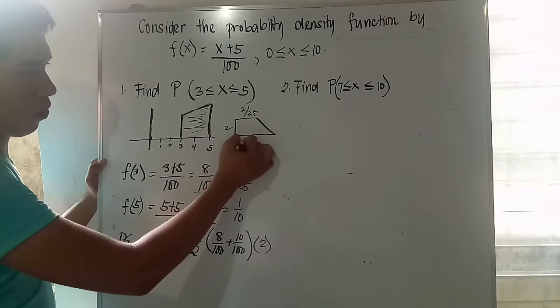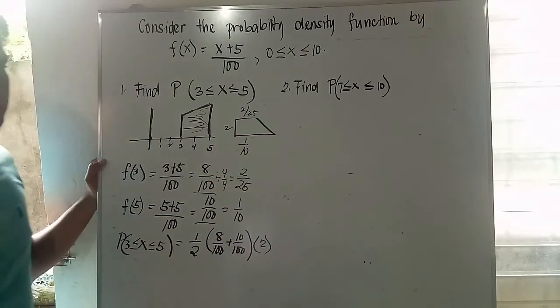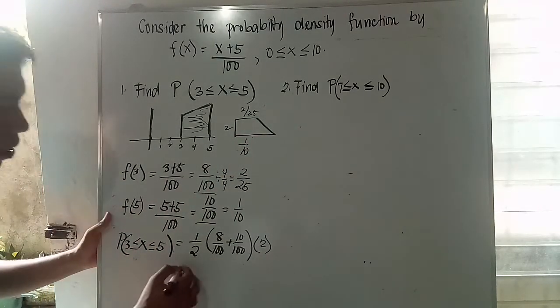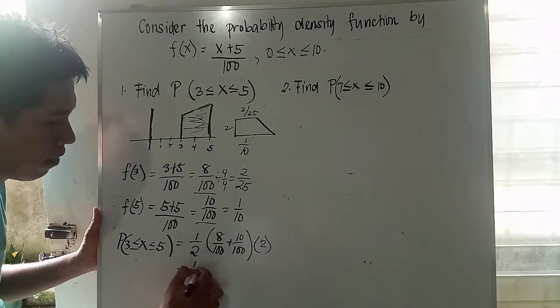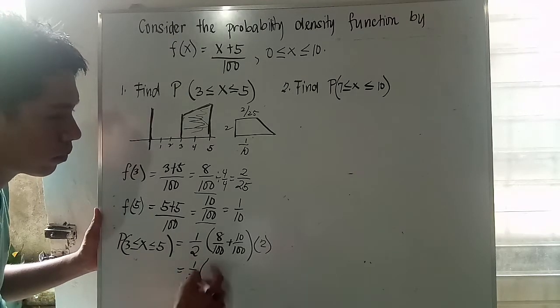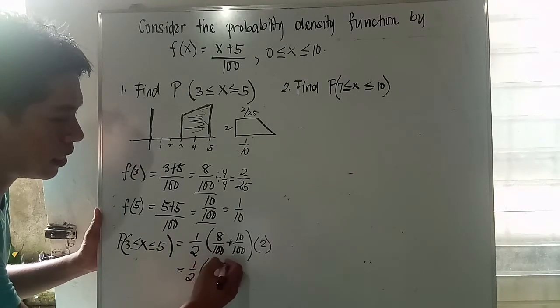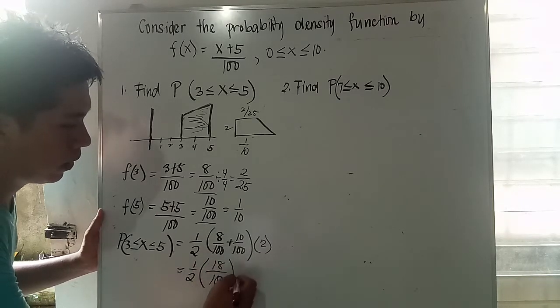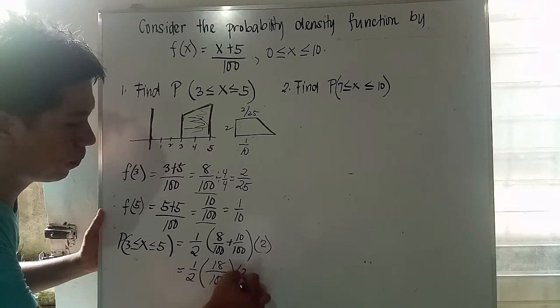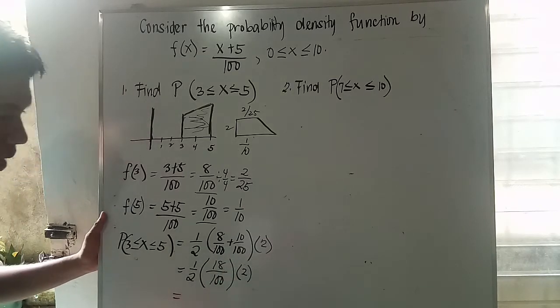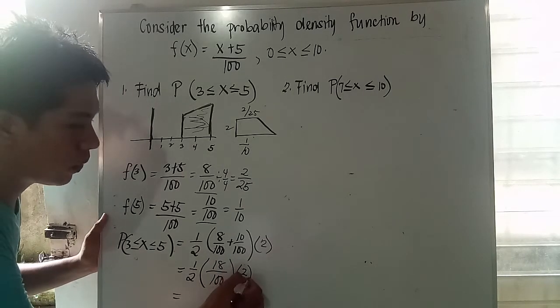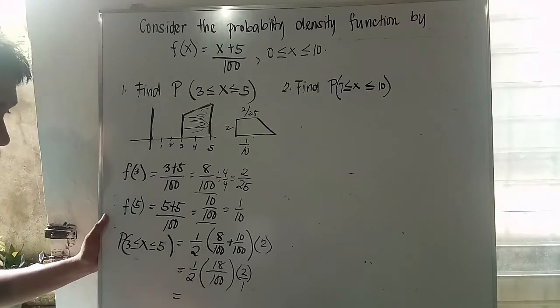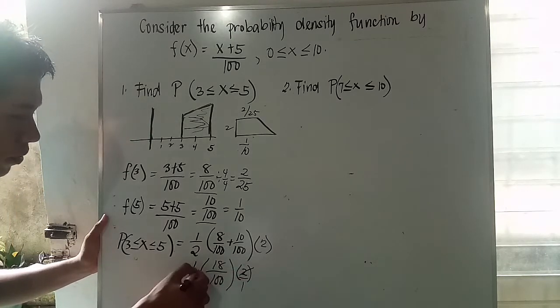So here, this will become 1/2 times 8 plus 10, that is 18 over 100, times 2. Then we all know that the denominator of 2 is 1, so we can cancel out the 2.